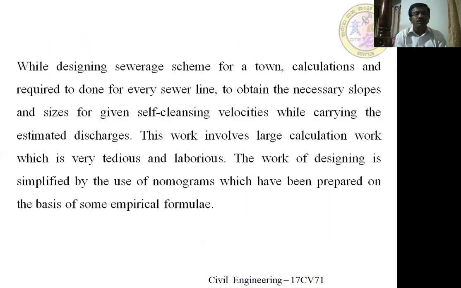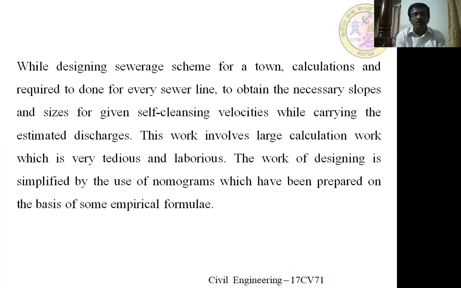While designing a sewerage system for a town, calculation is required for every sewer line. Every sewer line is usually between two manholes, to obtain the necessary slope and size for the given self-cleaning velocity while carrying the estimated discharges. This work involves large calculation work which is very tedious and laborious.